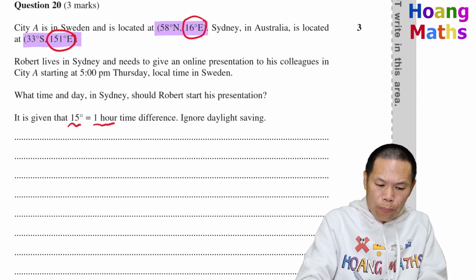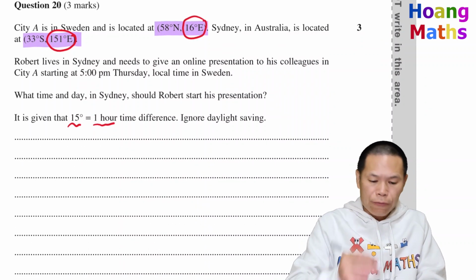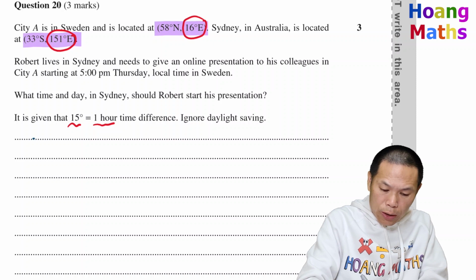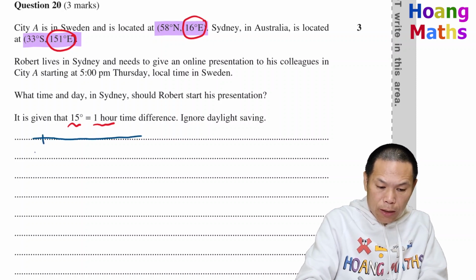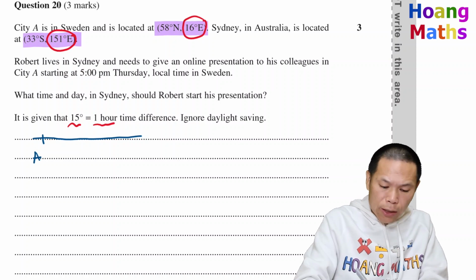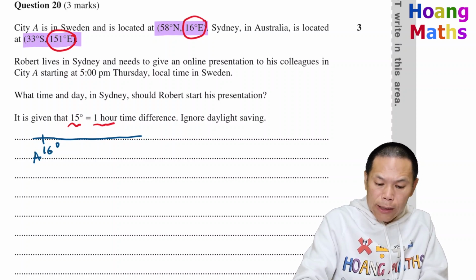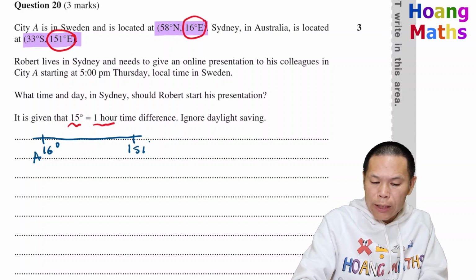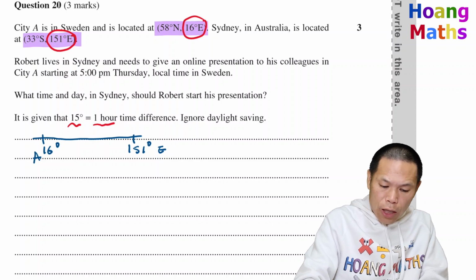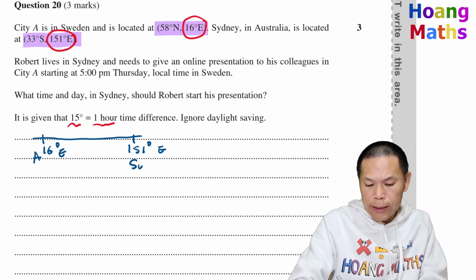First of all, Sweden is west of Sydney. So let me draw a line here. That is Sweden, City A, which is 16 degrees east. And then Sydney is 151 degrees east. So they both are east. That is Sydney.